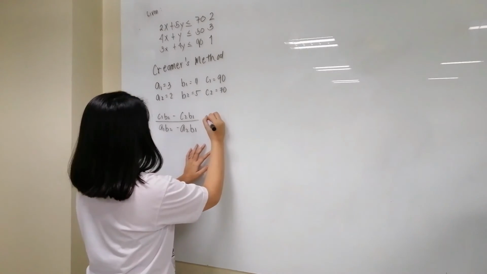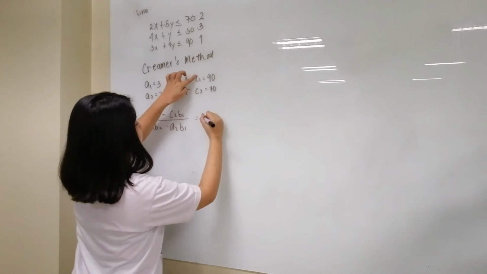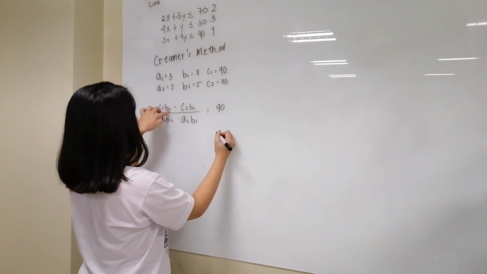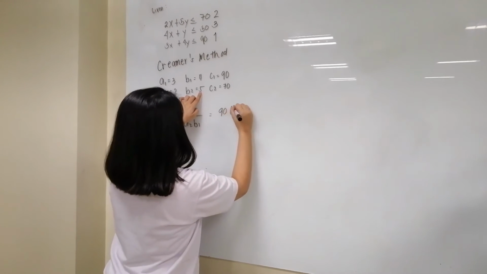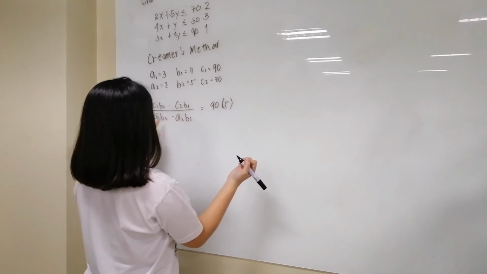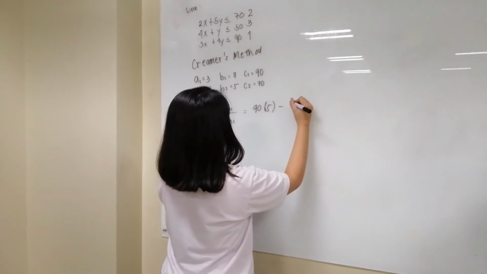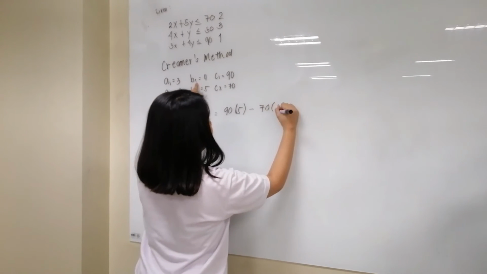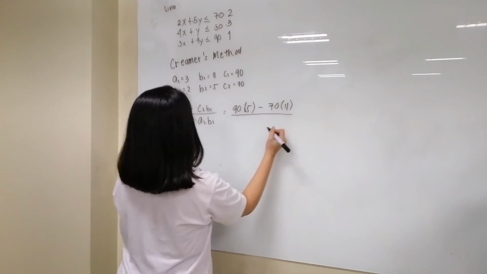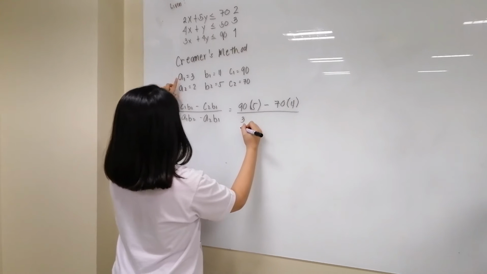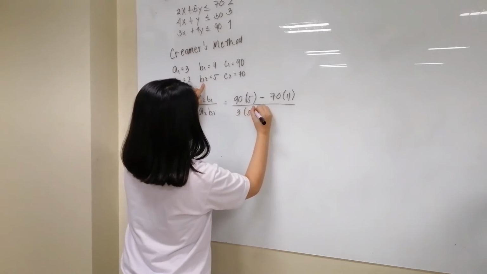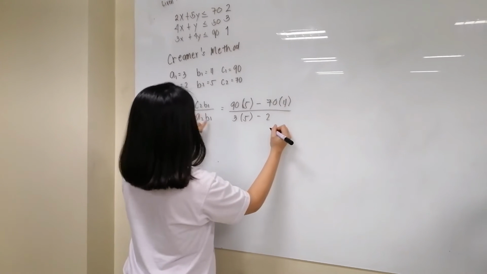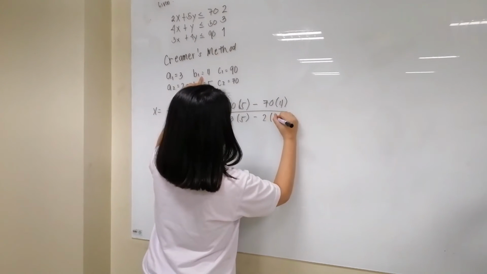C1 is 90, B2 is 5, minus C2, 70, times B1, over A1, 3, times B2, 5, minus A2, which is 2, times B1, 4.